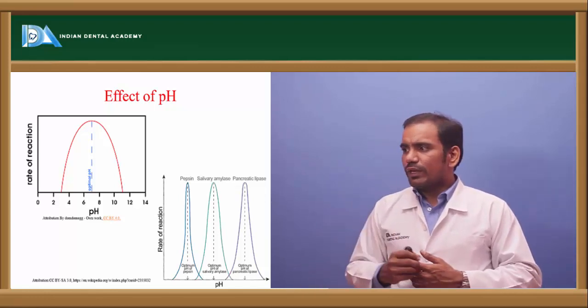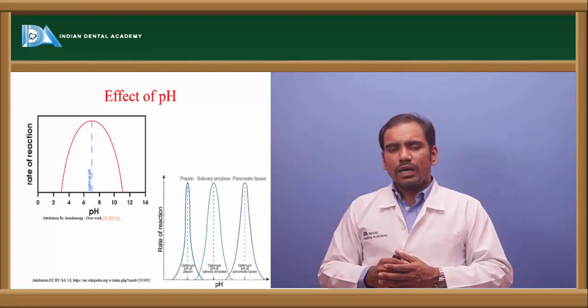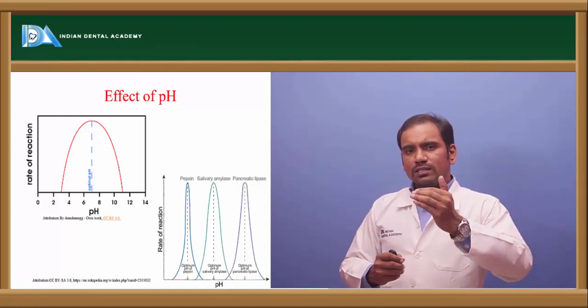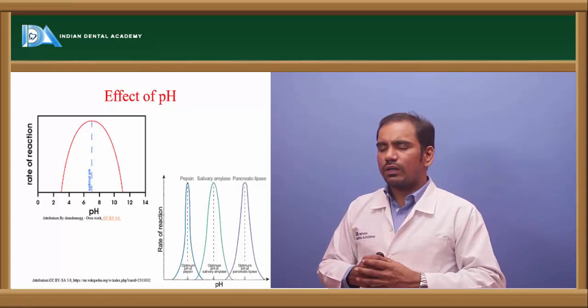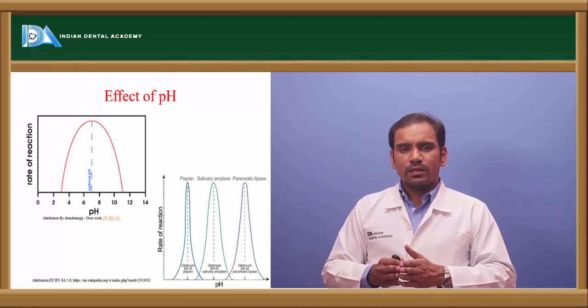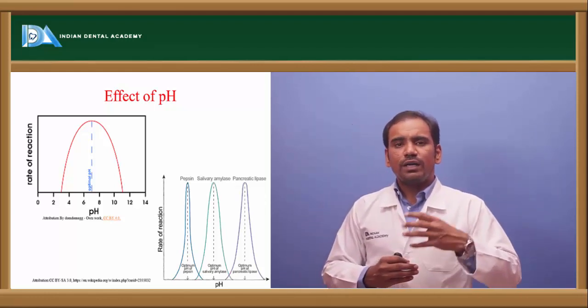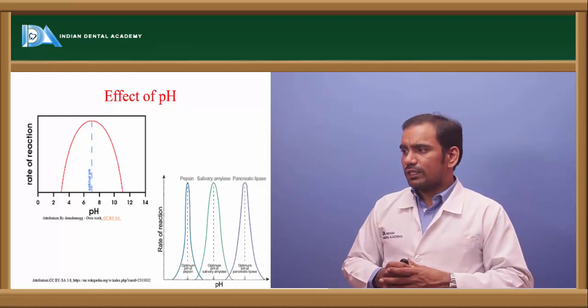Right. Each enzyme has a specific pH at which it is active, and the pH at which an enzyme shows maximum activity is called the optimum pH. At extremes of pH, the activity of the enzyme, the rate of the reaction, decreases because of denaturation of protein.